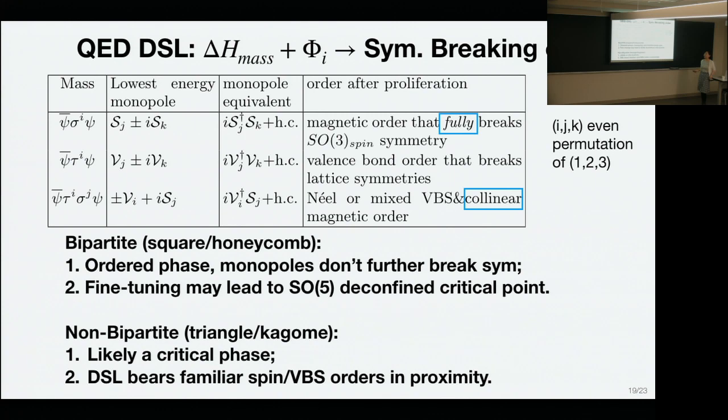By fine-tuning, we can access this SO5 deconfined critical point. And on non-bipartite lattices, it might be a critical phase, and we can also predict the approximate symmetry breaking ordered phases by the quantum numbers of monopoles.